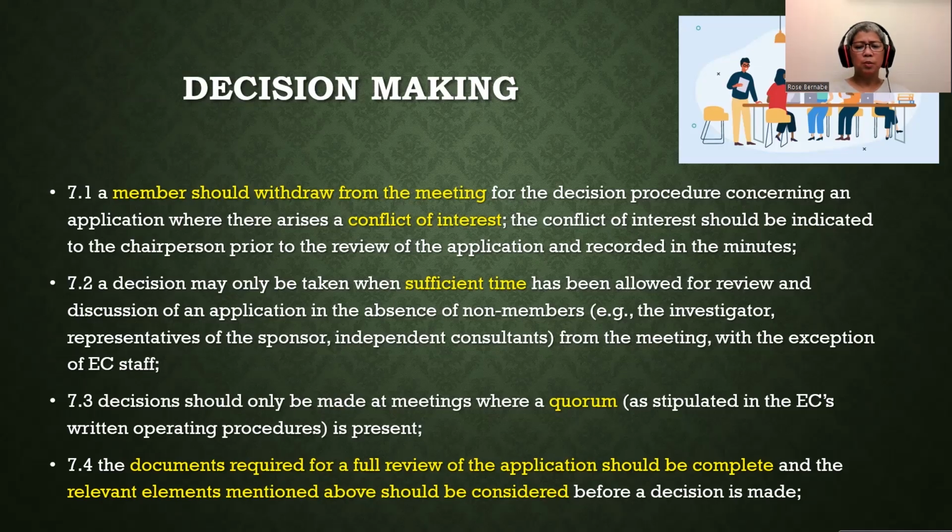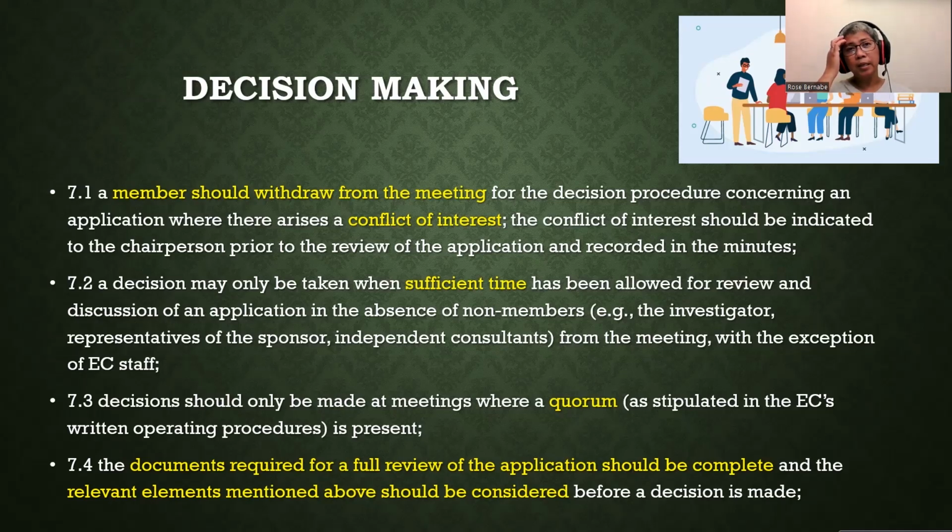A decision should only be made at meetings where a quorum is present, and the quorum is stipulated in the operating procedures of the Research Ethics Committee. Though of course we will see this later on.